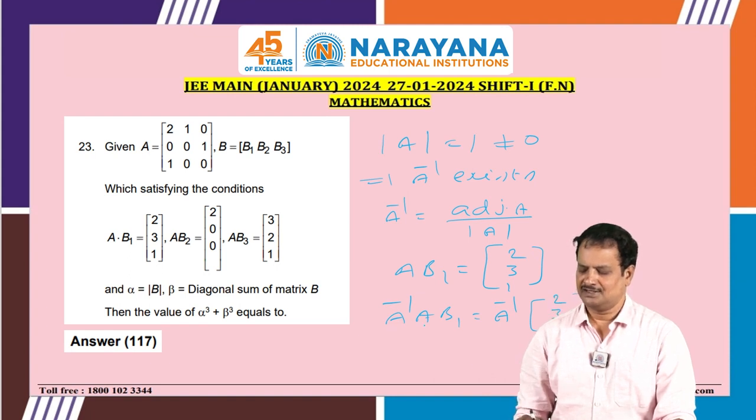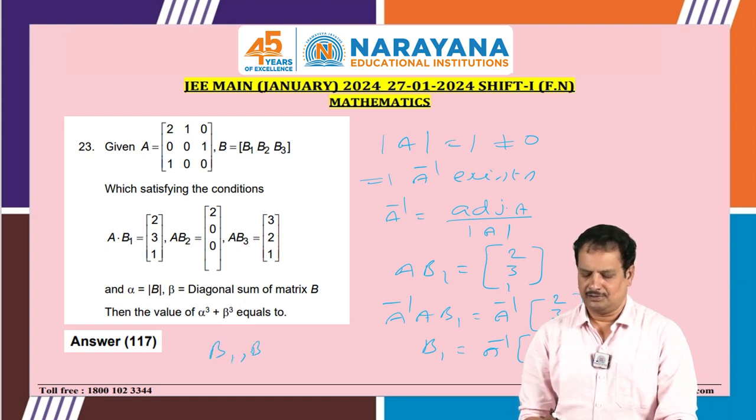So A inverse into A is I there, I into B1. B1 is equal to A inverse into this column matrix 2, 3, 1. So when you simplify this, column 1 of matrix B you will get. Same process will apply for the second one, the third one. Then we'll get B1, B2, B3, which are the three columns of the matrix B.